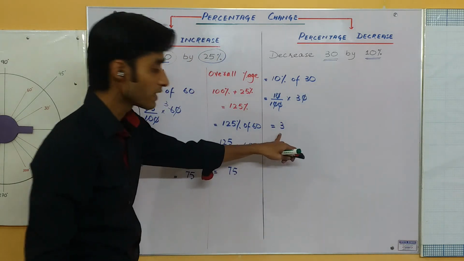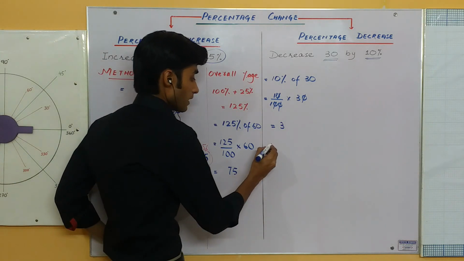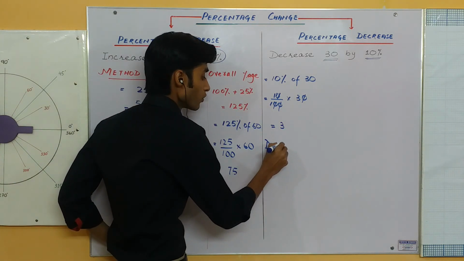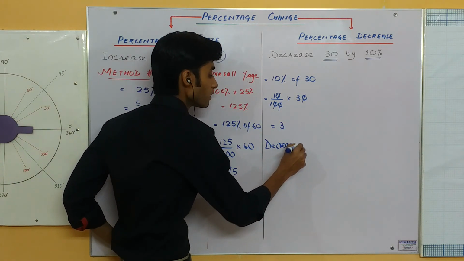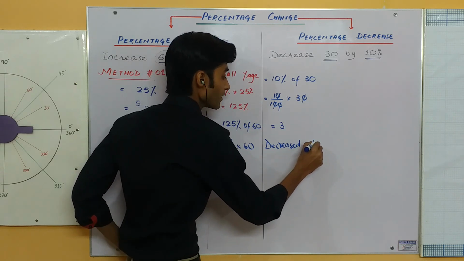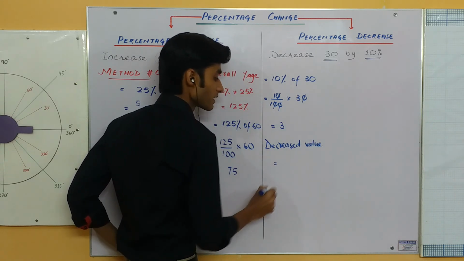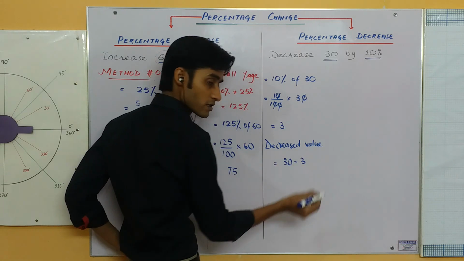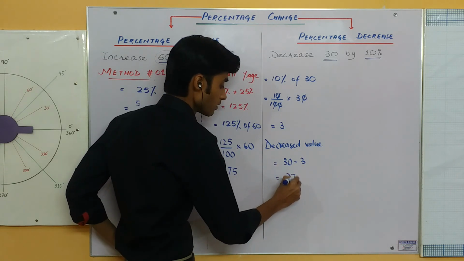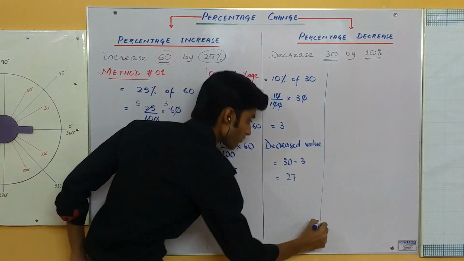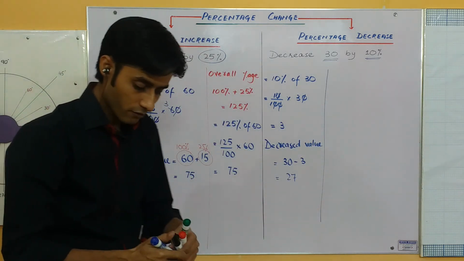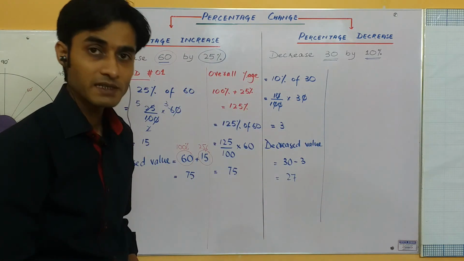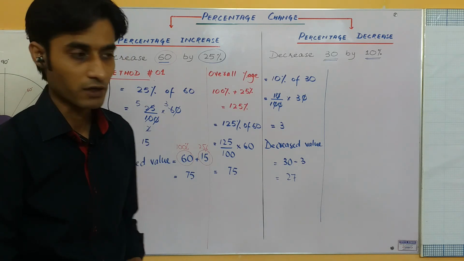So the change in the value is 3. Now the final value is going to be the decreased value. And how do I calculate the decreased value? Original value minus change in the value. It is going to be 27. This is one way of doing it. I had the first quantity, I calculated the second quantity and then performed the subtraction.